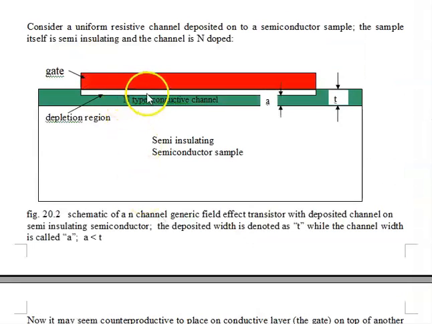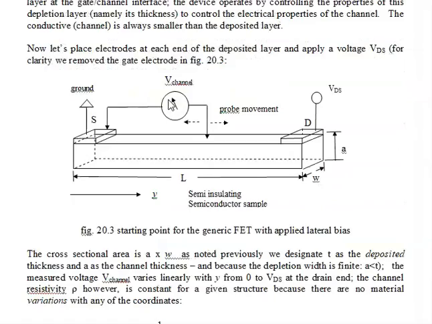And now controlling the width of the depletion region by controlling the voltage on the gate will allow us to reduce or increase the size of the conductive channel, controlling the resistivity and making a field effect transistor.